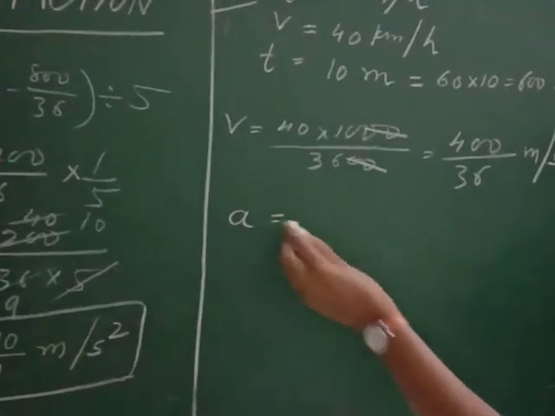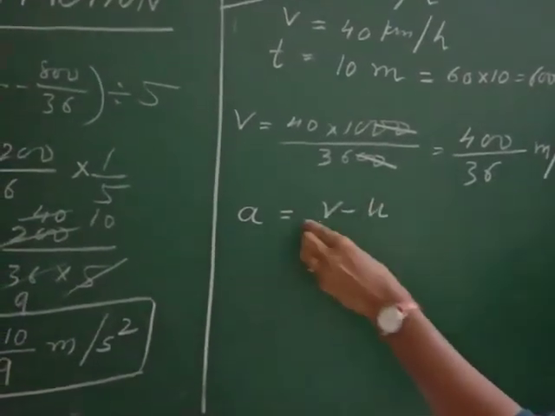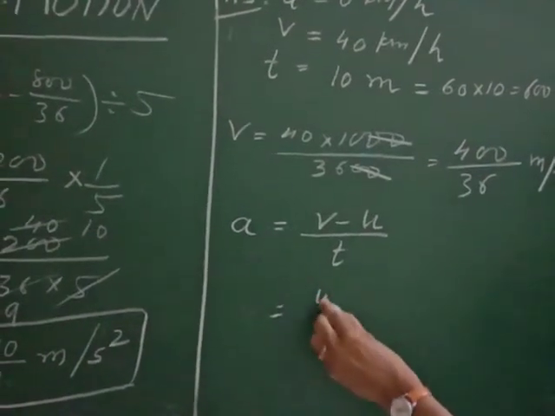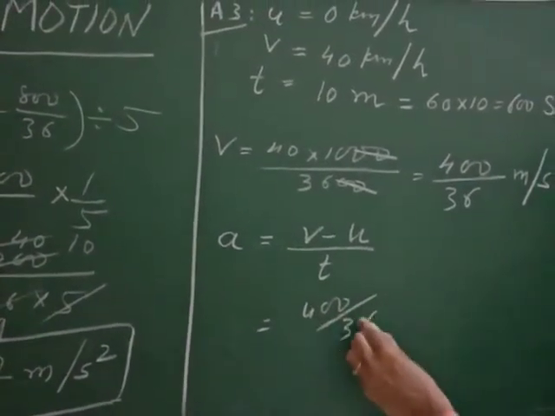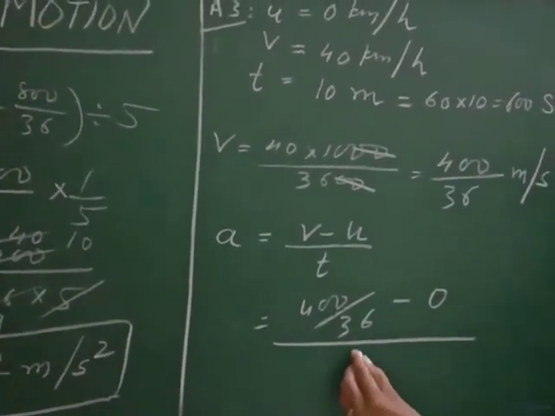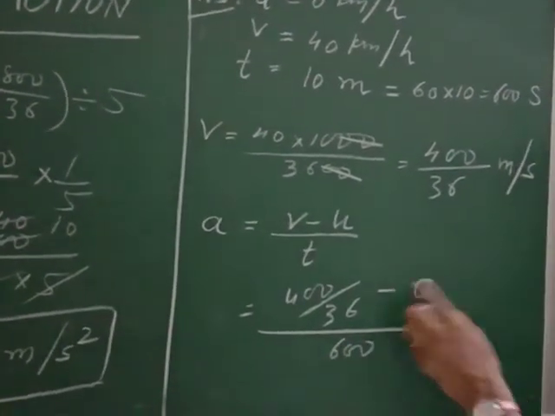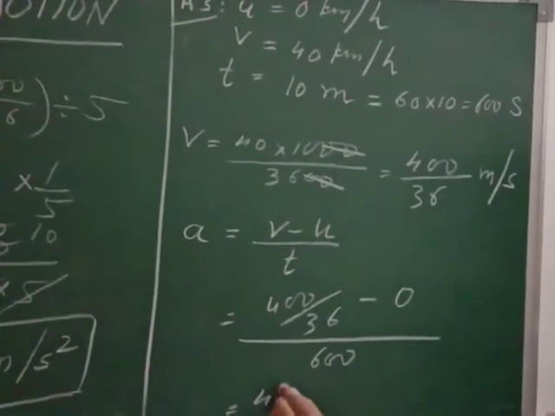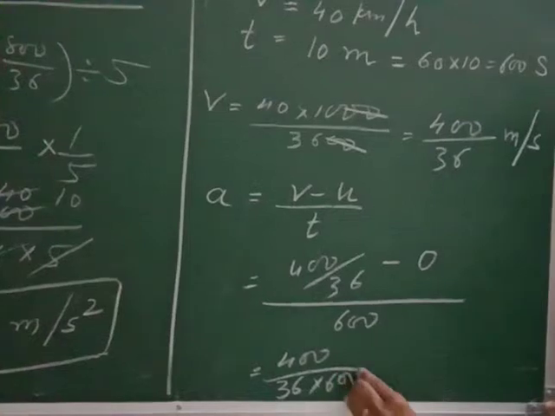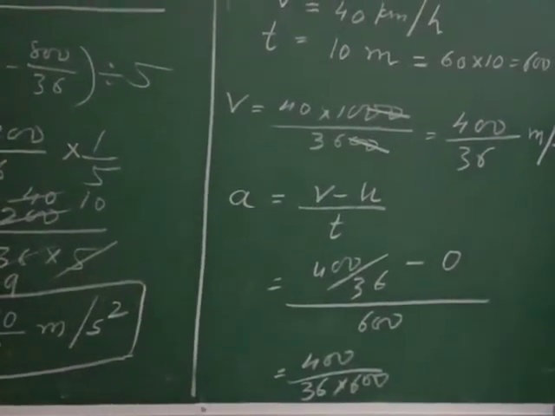Now use the formula (V minus U) by T. What is my V? 400 divided by 36 minus U, that is 0, divided by T. T is 600. Now this is 0, so 400 divided by 36 into 600. This 36 comes in the denominator.